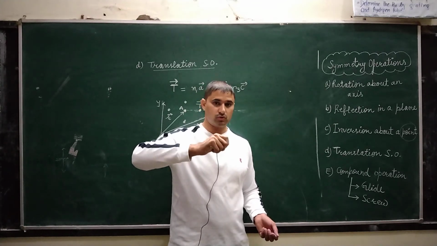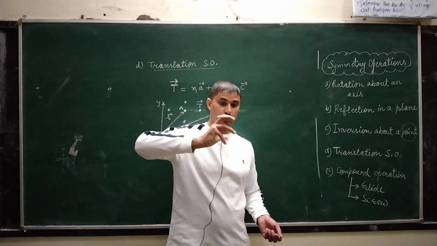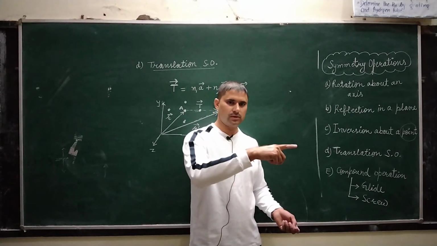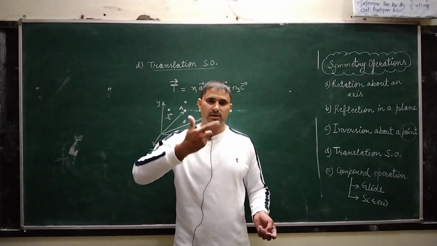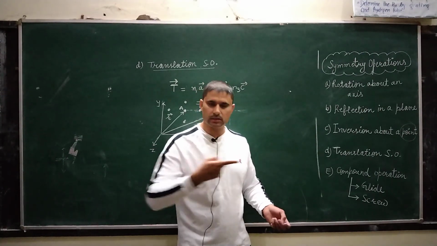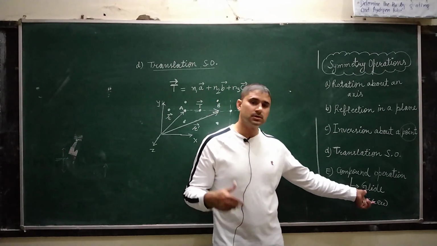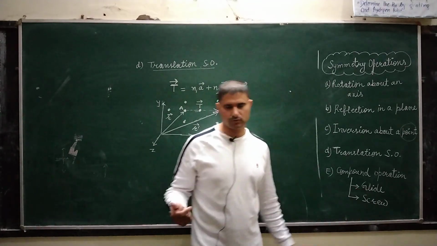You use a screwdriver, you apply torque, and the screw rotates and moves along the axis of rotation. So two operations are happening simultaneously: one is rotation and another is translation. So this is the screw, and the glide is a combination of reflection and translation. You can see it in your book.